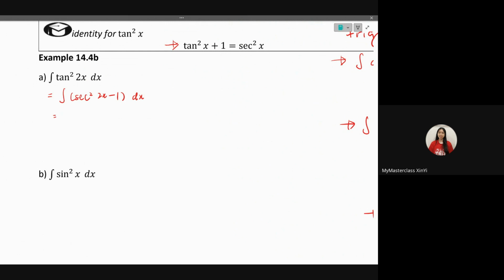When I differentiate secant square, I will get tangent. Then the 2x remains, the angle doesn't change. Then remember I also need to differentiate by the angle. The differentiated of the angle is 2, so divide by 2. Then minus x plus c.